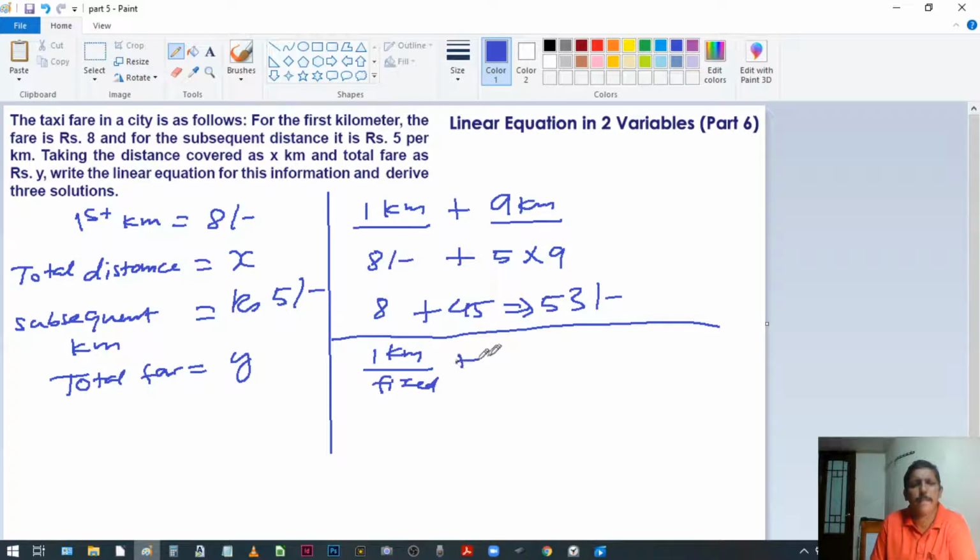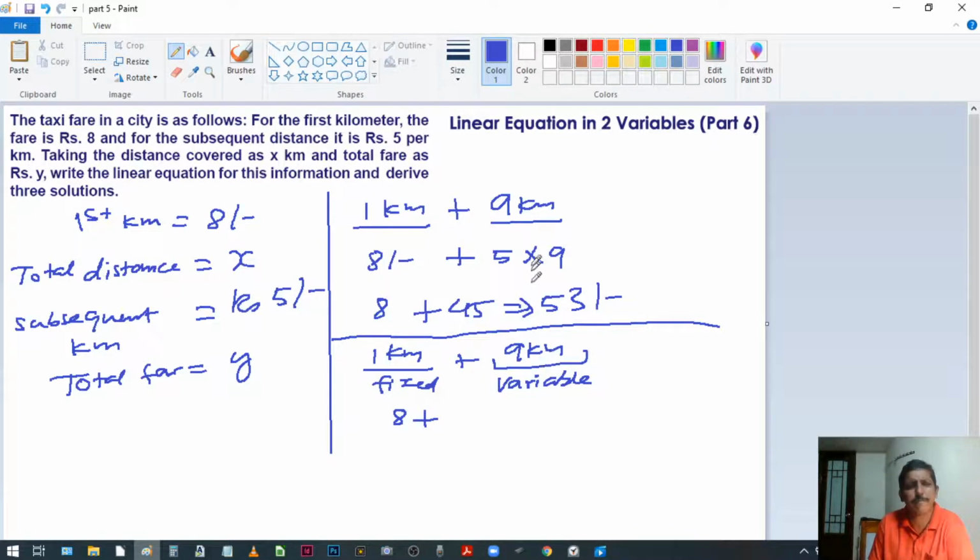Then the next part is variable. This is 9 kilometers, and it is variable because it will change. Suppose I travel 10 kilometers, it is 9 kilometers. If I travel 11 kilometers, then this becomes 10 kilometers. Since the first part is fixed, let me put that amount as 8 plus.